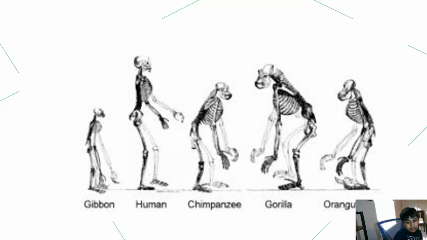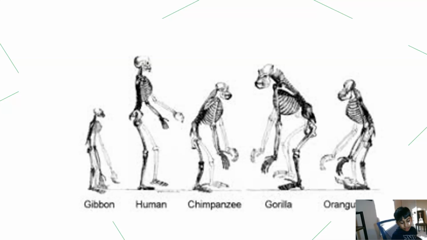If you look at gibbon's arms, they're more for climbing. But if you see human, chimpanzee, and gorilla, they're not as large.